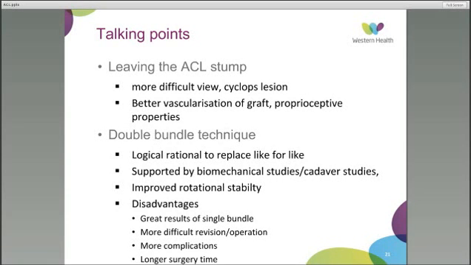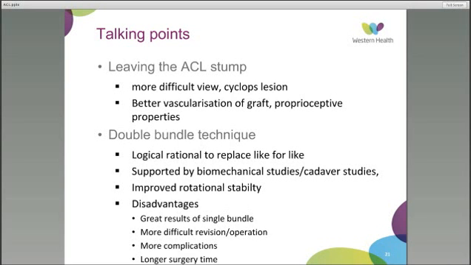At the Western, looking at our audit, we do about 1.5 reconstructions a week. I think everyone is on board with a delayed reconstruction. The majority of surgeons use ipsilateral hamstring graft and a single bundle technique, and more commonly an anteromedial portal is used, and the femoral tunnel is drilled in a hyperflexed position.